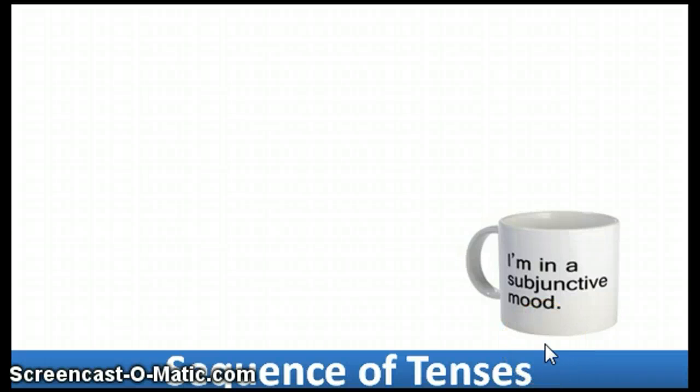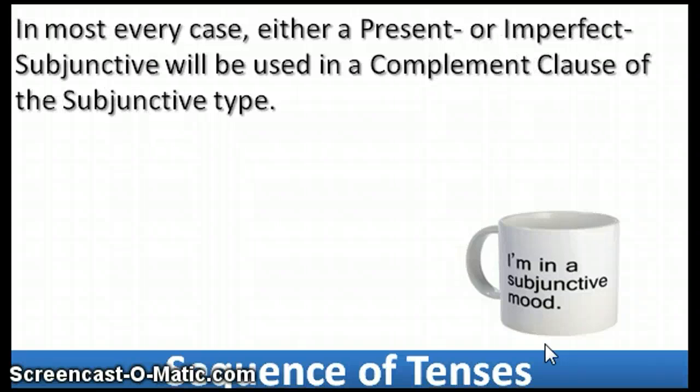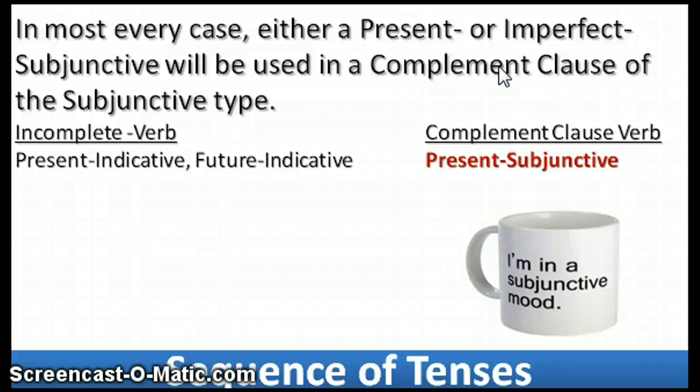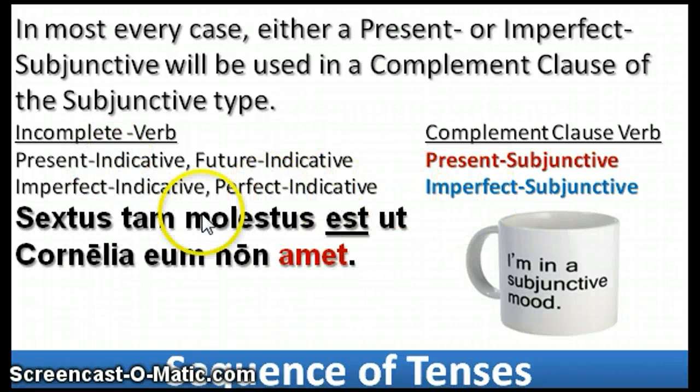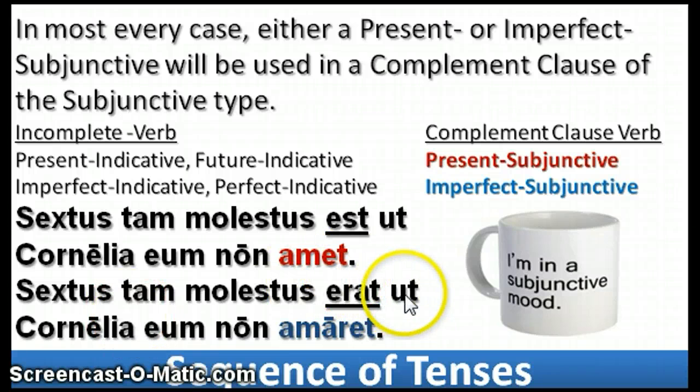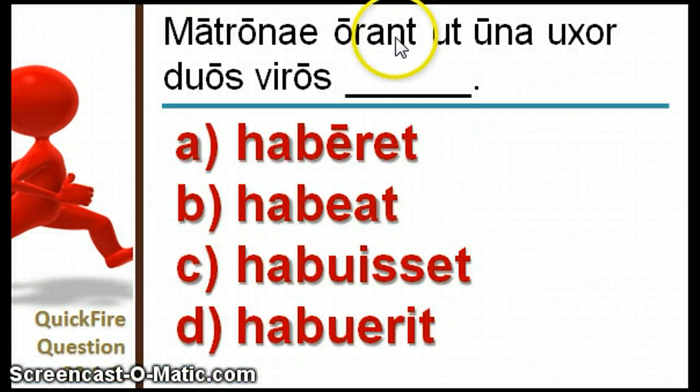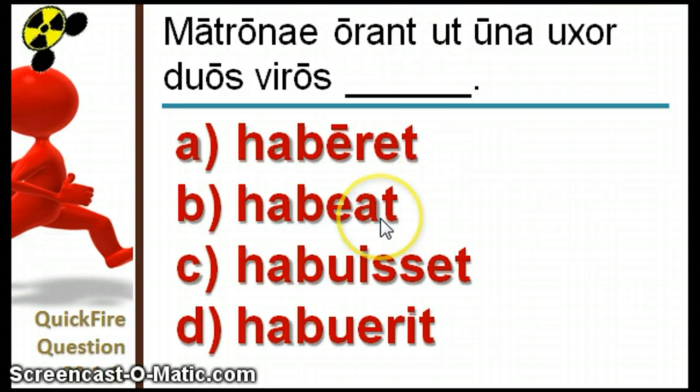We need to deal with the so-called sequence of tenses. So here we see a present, so we look for B, habeat.